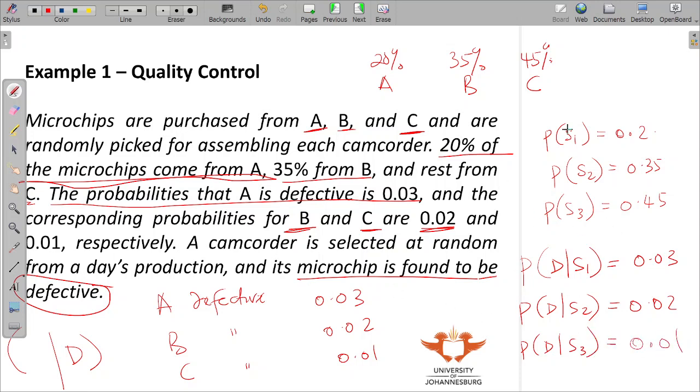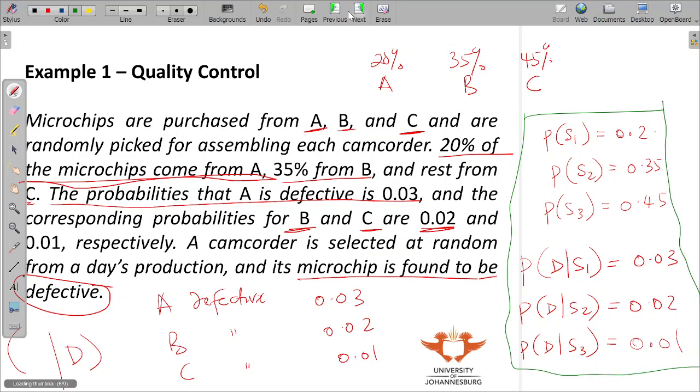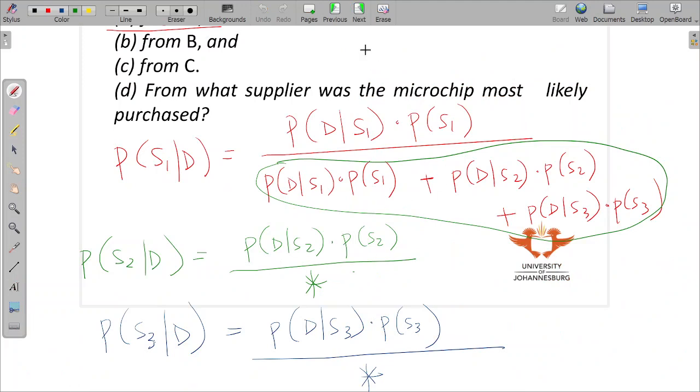So we just put all these values into the formula and we get our probability.